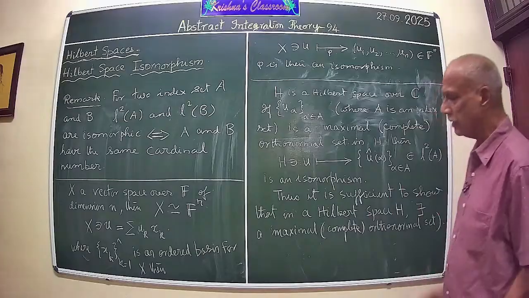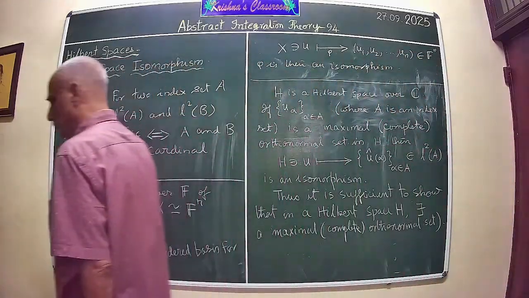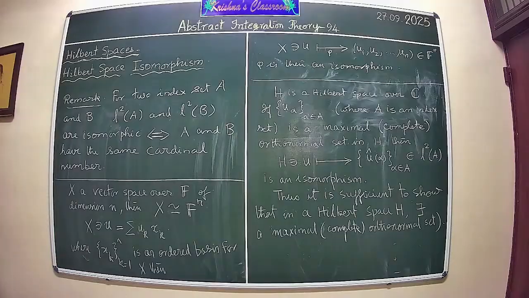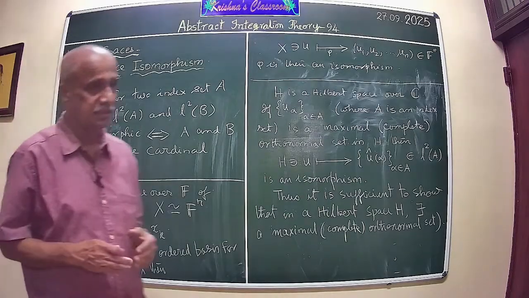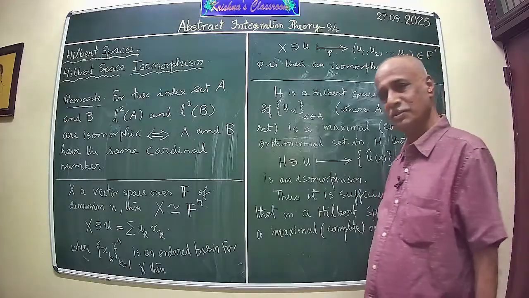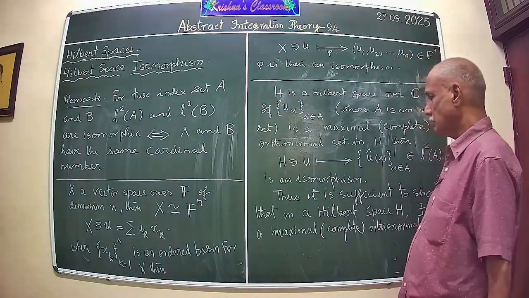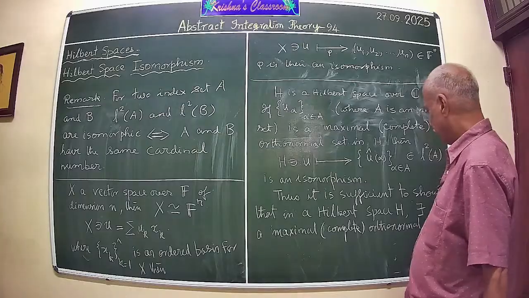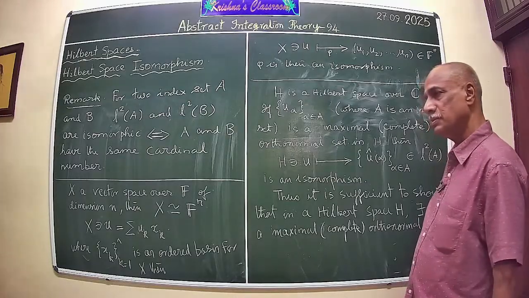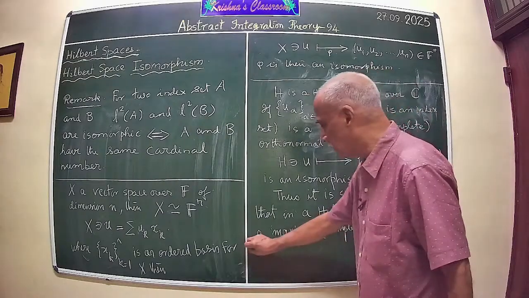That is the only thing that we have. Therefore, we complete the proof of this result by showing that in every Hilbert space over C there exists a maximal orthonormal set. That will be our task.